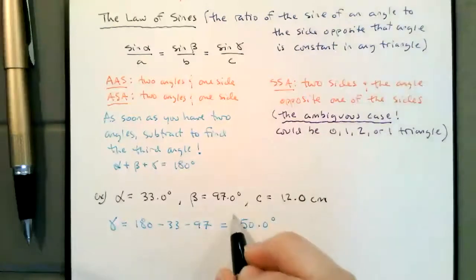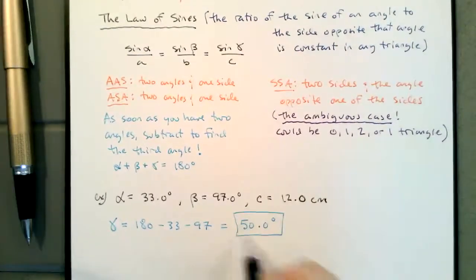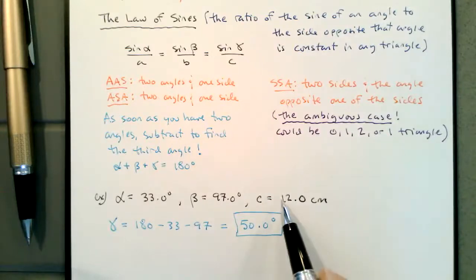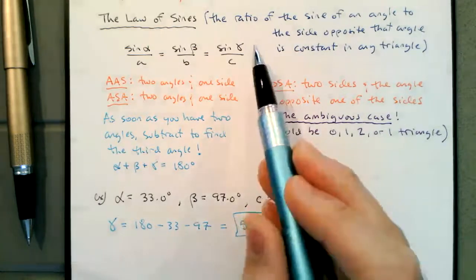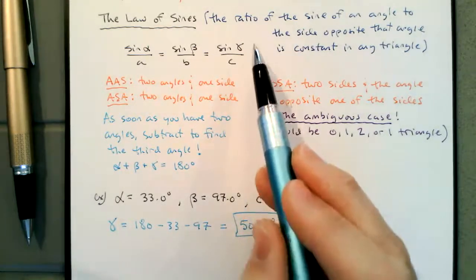So I've got an angle, and now I have an abundance of information. More importantly, I have C and gamma, so I have one fraction in the law of sines.